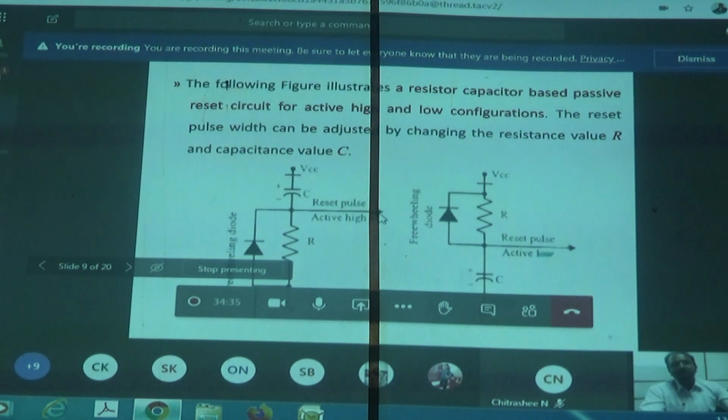That reset pulse is given to an IC, a microcontroller or a microprocessor. Then immediately this microcontroller, and in turn the complete embedded device, gets reset.